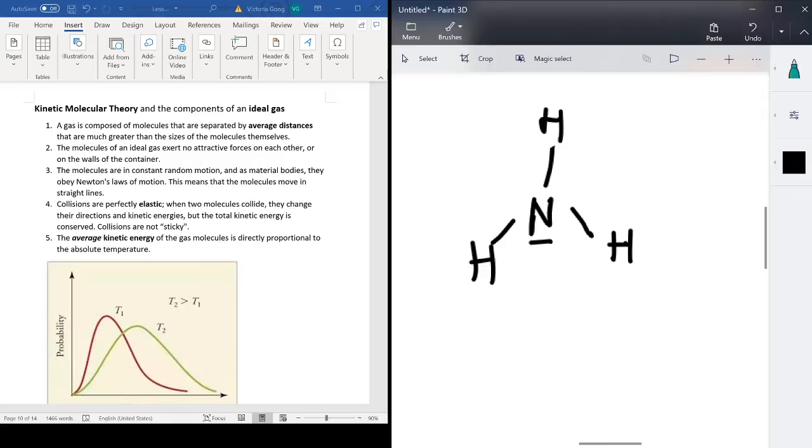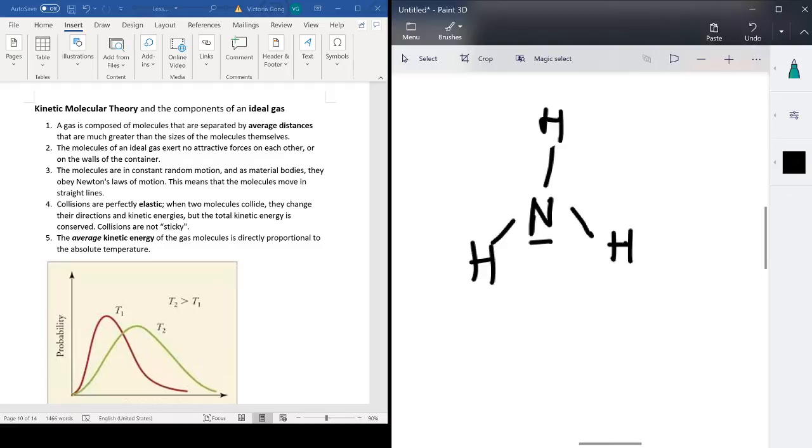Since this molecule has an abundance of electrons, it's definitely going to have dispersion forces, and that's going to make the molecules stick together if they're close enough. So that violates the second KMT point, which says that gases exert no attractive forces on each other.